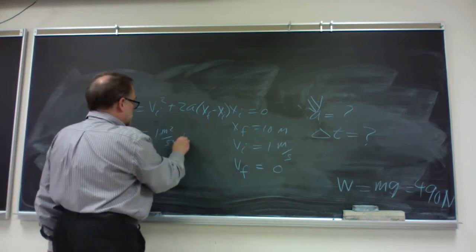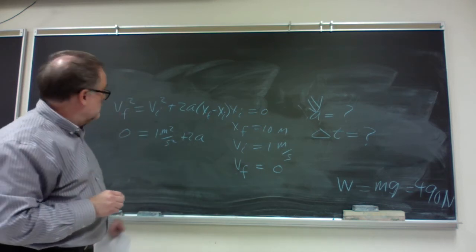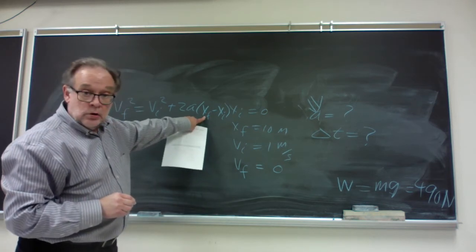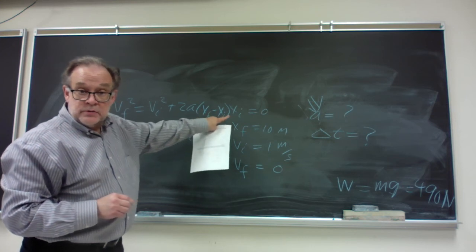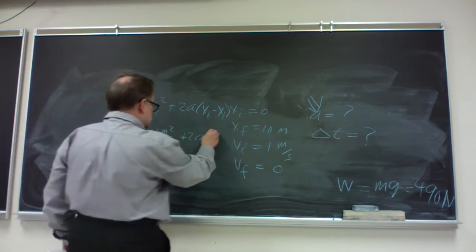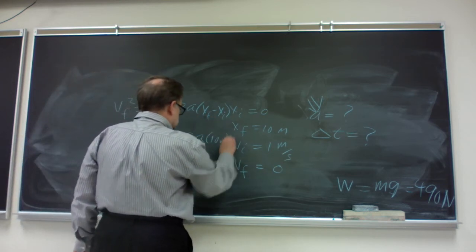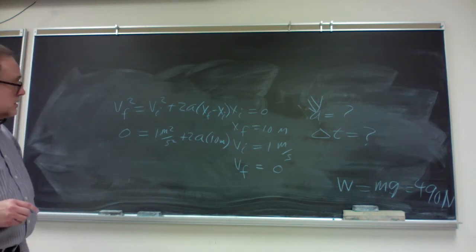And then plus 2, acceleration is what we're trying to find. Final location is 10 meters, initial location is 0. So this difference, final minus initial, is 10 meters. And then we can figure out what that acceleration actually is.